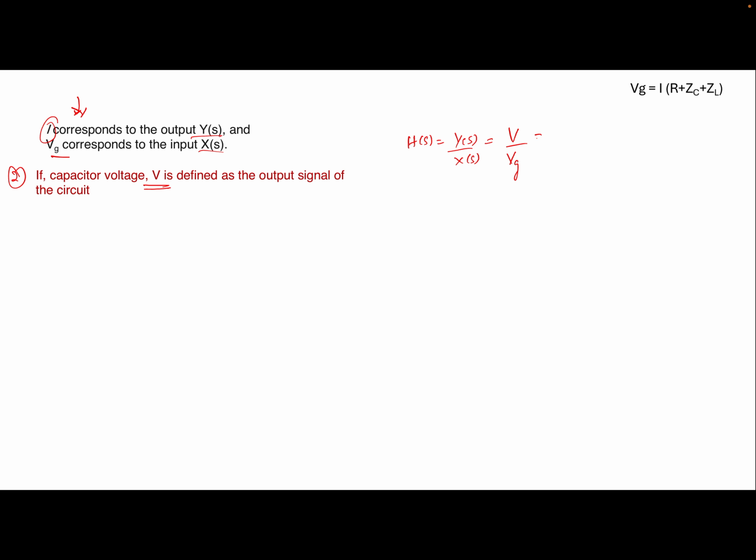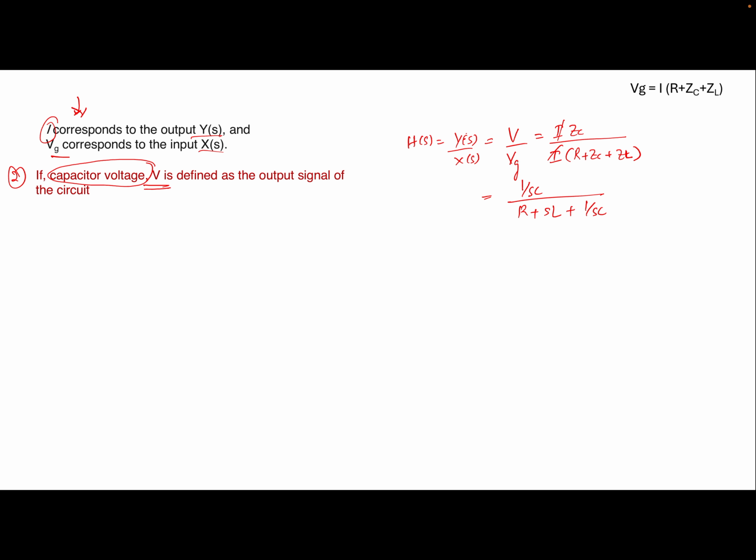Again, I can find it, this Y of S is the voltage across a capacitor, right? So it will be I times ZC divided by I times R plus ZC plus ZL. So I will be cancelled out, 1 over SC over R plus SL plus 1 over SC.